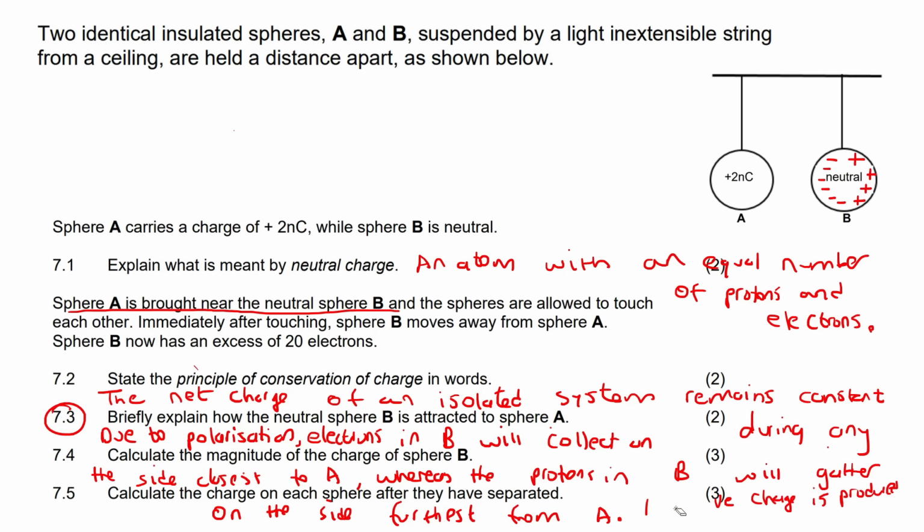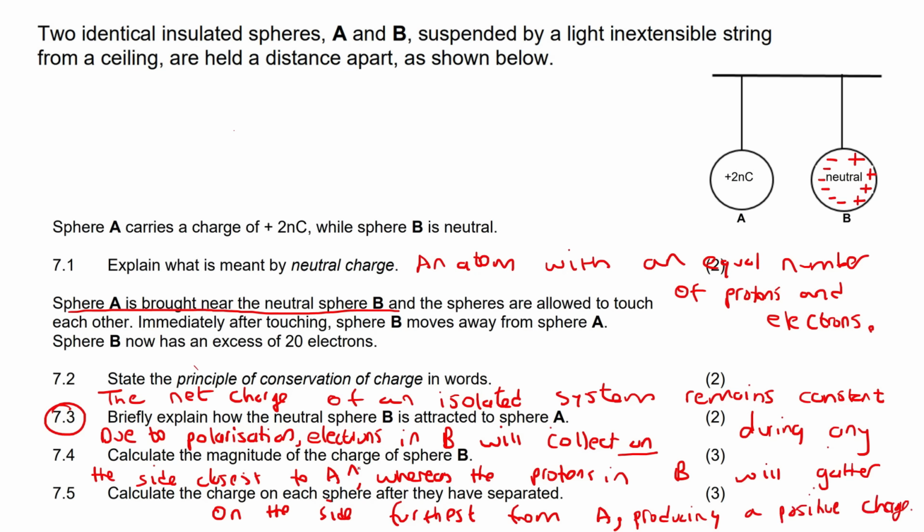Actually, a better way we could have done this is to say, due to polarization, electrons in B will collect on the side closest to A, producing a negative charge, whereas the protons in B will gather on the side furthest from A, producing a positive charge.